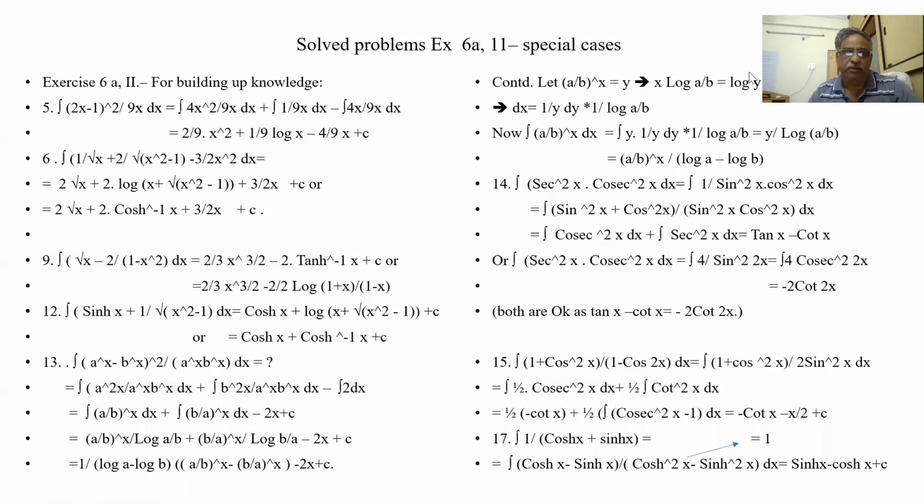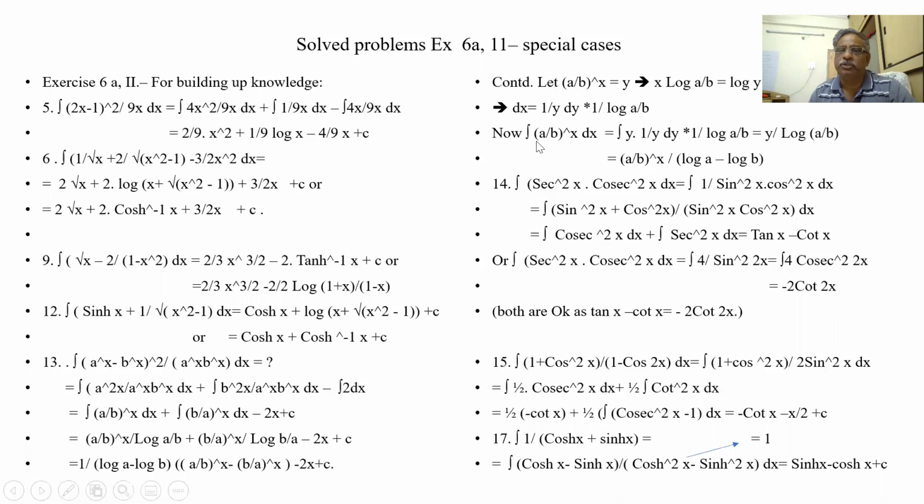The same way we can do it in a different form also. Take a by b whole to the power of x, that is a to the power of x, b to the power of x. Let a by b whole to the power of x be equal to y. Then log of a by b whole to the power of x is log y, so x log a by b is log y. So dx is equal to 1 by y dy into 1 by log a by b.